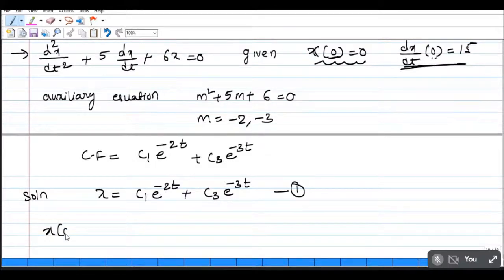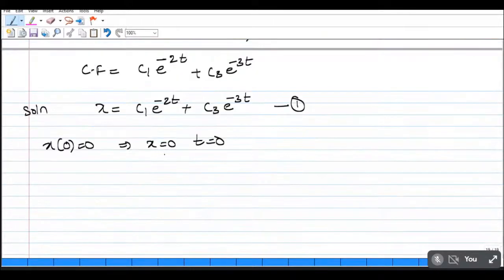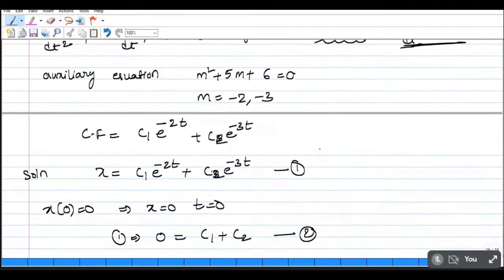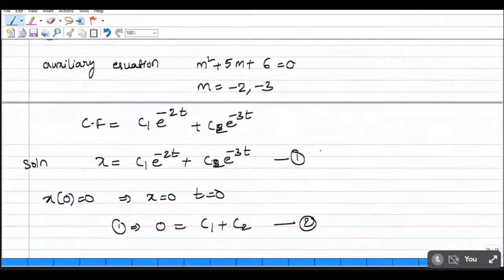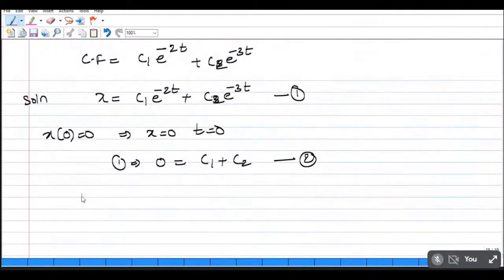X of 0 equal to 0 means x is 0 when t equal to 0. Then equation 1 implies 0 equals C1 e power 0 plus C2 e power 0, that is C1 plus C2. This is equation 2. Now to substitute the second condition, we have to find dx by dt.